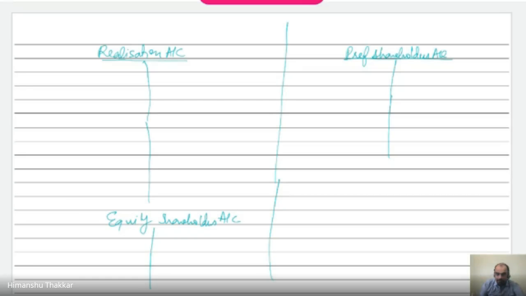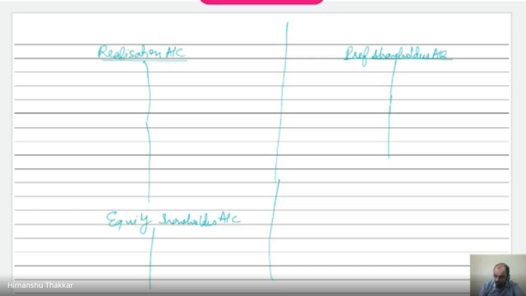Now find the loss on realization, debit side minus credit. It is obvious that it is going to be a loss because equity shareholders on the credit side is 17 lakh 50,000 and they are receiving only shares of 7 lakh 50,000. So it's obvious that they are incurring a loss, and that loss will be loss on realization.